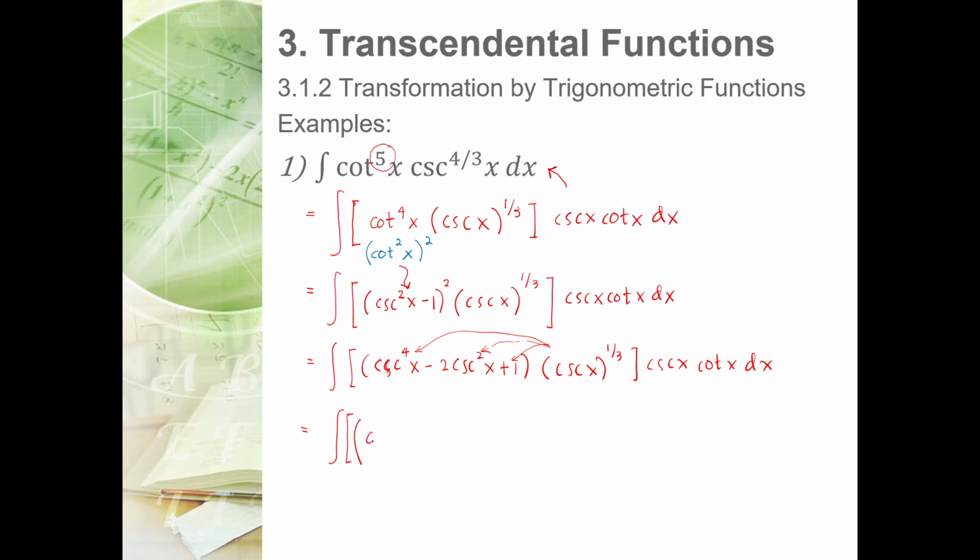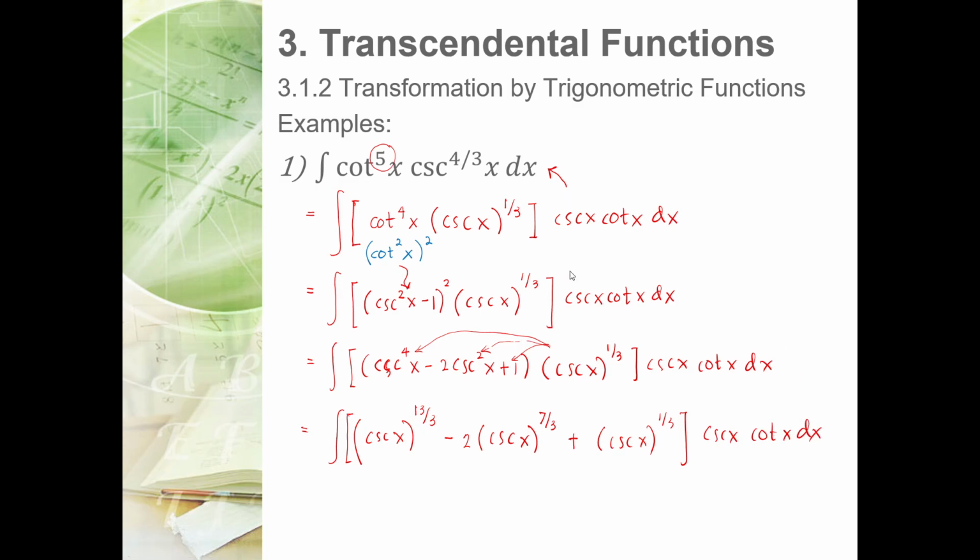So cosecant x to the 13 over 3, minus 2 times cosecant x to the 7 over 3, and then the last one is just plus cosecant x raised to 1/3, and then cosecant x cotangent x dx.